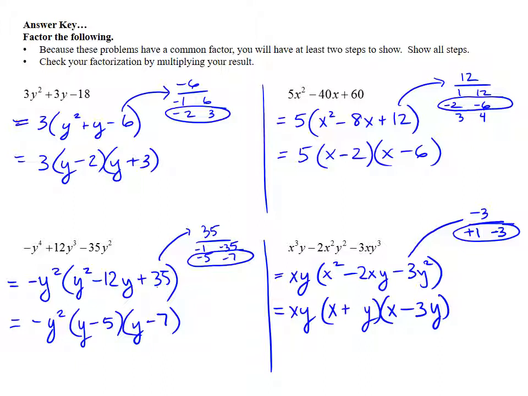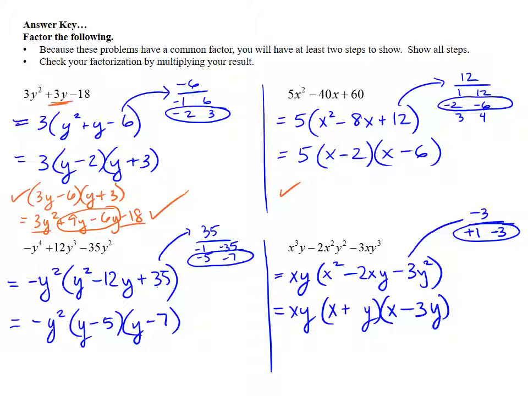At this point, you can go back and do the checks. The check, starting from this one, multiply the common factor through first, 3y minus 6. Then multiply that by 3y plus 3. FOIL that out, 3y squared plus 9y minus 6y minus 18. I've got the first and the last term correct. Adding up the middle, 9y minus 6y does get me to the middle of 3y where I started, so that checks.